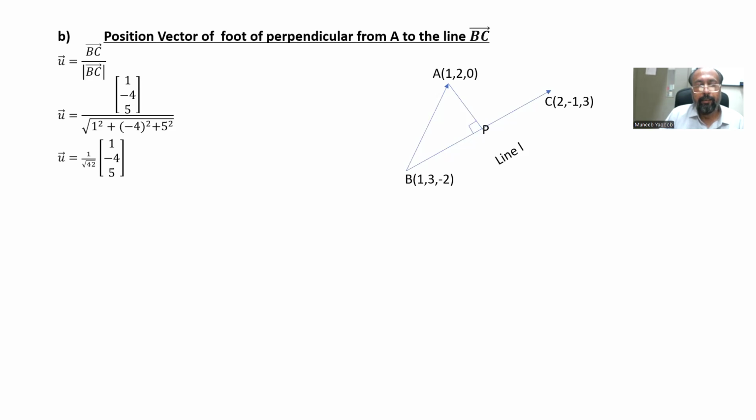You can see that unit vector U is 1 upon root 42 times (1, -4, 5).